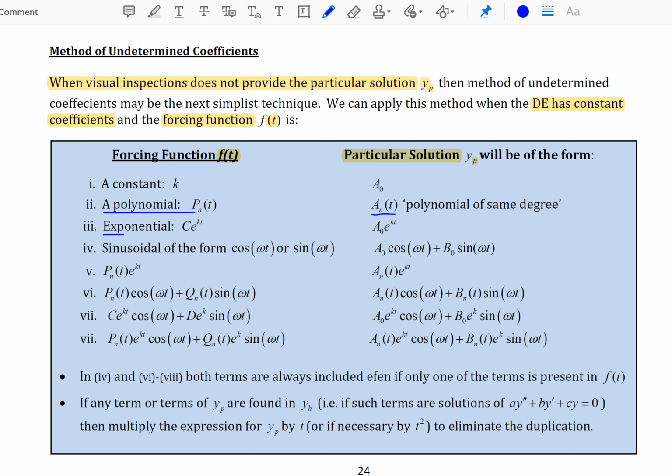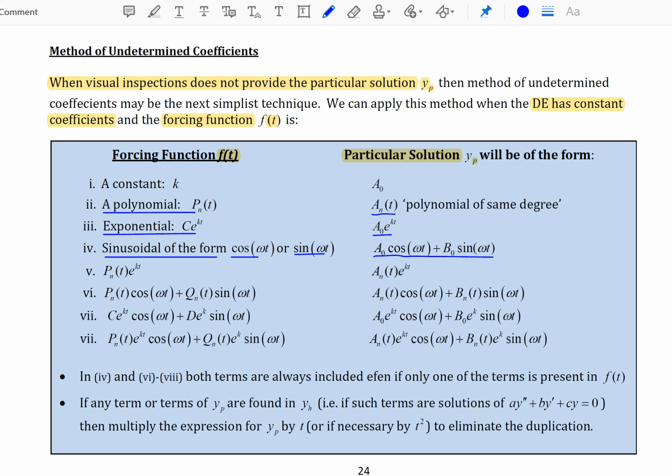If your forcing function is an exponential, we will guess your particular solution will also be an exponential with some other coefficient. So we'll represent a naught as my unknown coefficient. If your forcing function is a sinusoidal function, either a cosine or a sine, then your particular solution will be a linear combination of both sines and cosines.